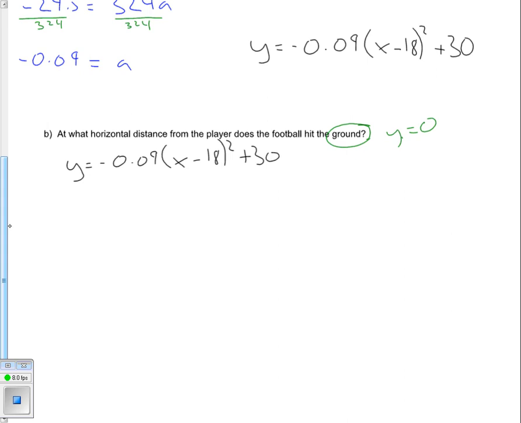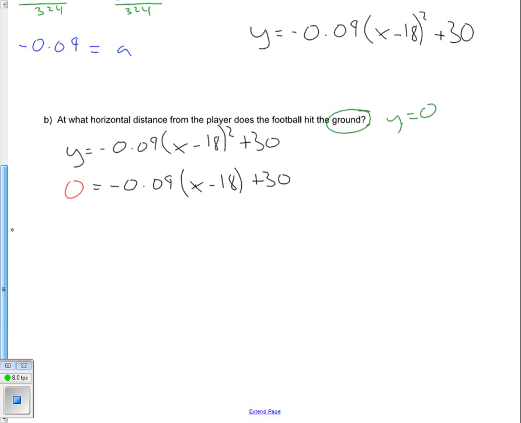Okay? So what I'm going to do is substitute in 0 into this equation, and then solve. So 0 is equal to negative 0.09 times (x minus 18) squared plus 30.